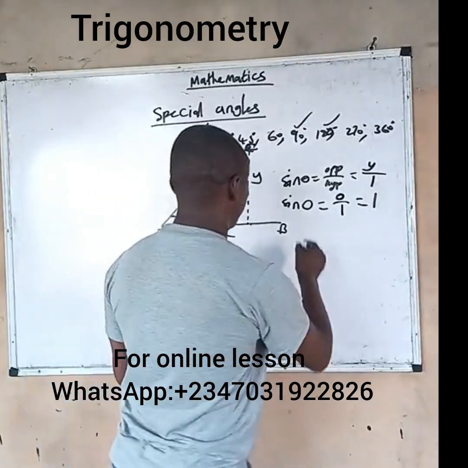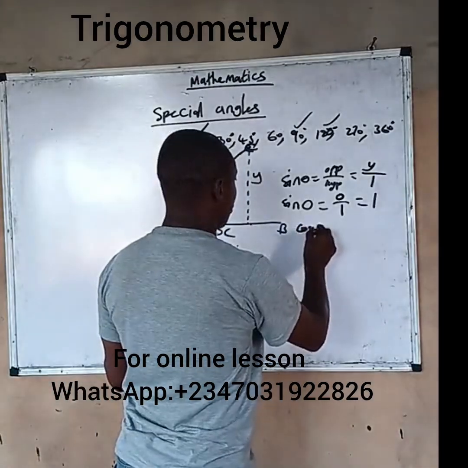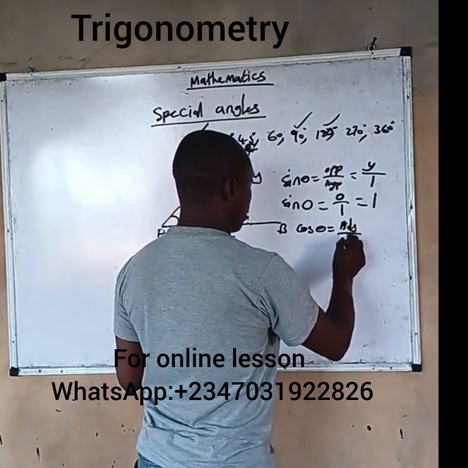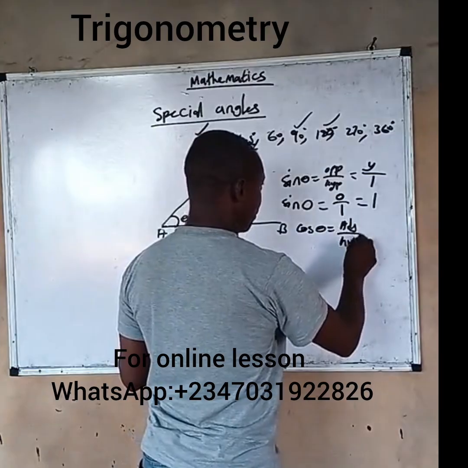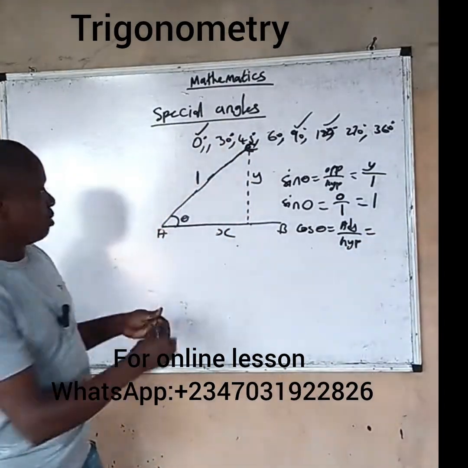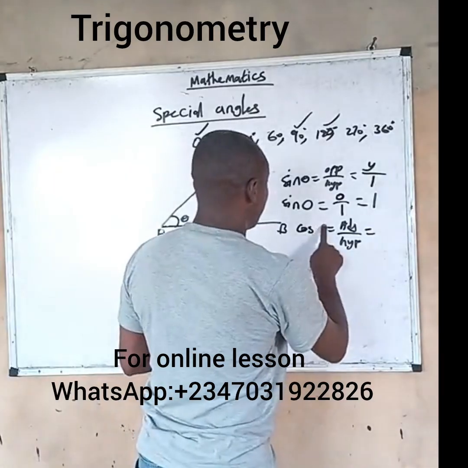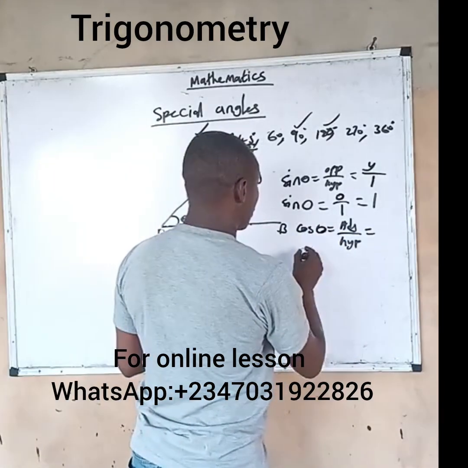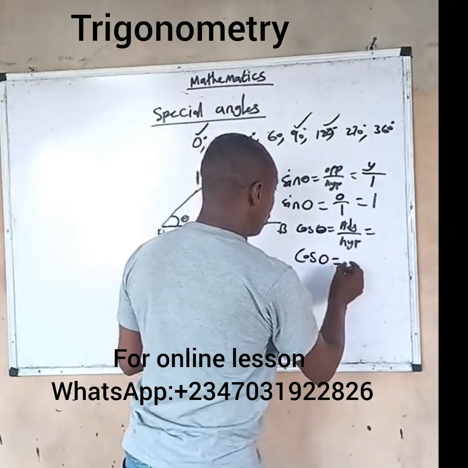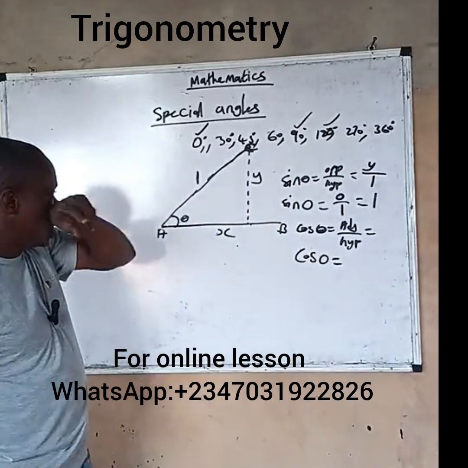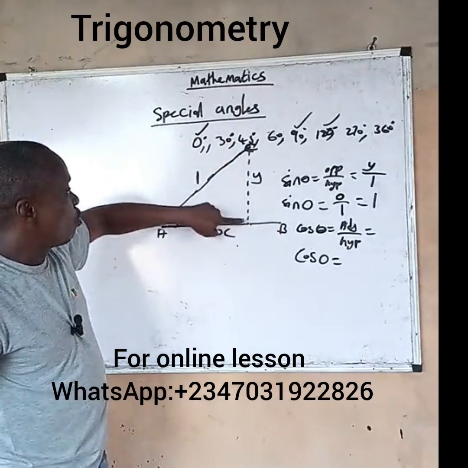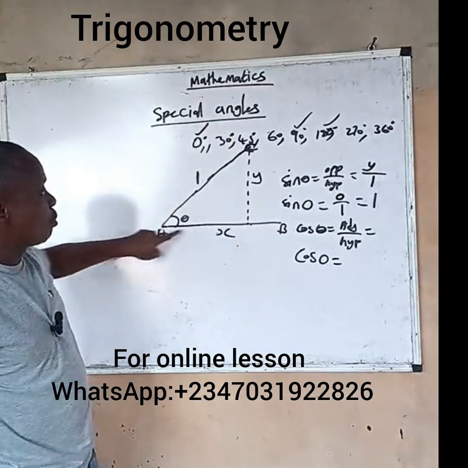Let us look at cos 0. Remember cos is adjacent over hypotenuse. When theta is 0, so cos 0, it is adjacent over hypotenuse. Remember that this line AC is on this line. There is no y component, but there is an x component.